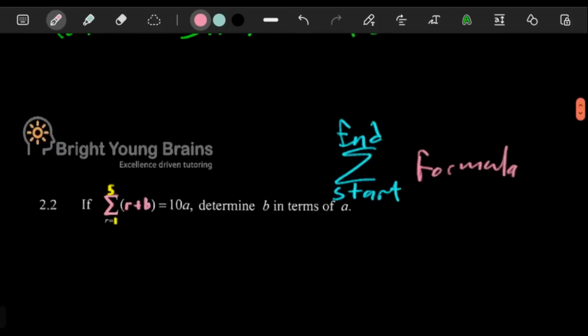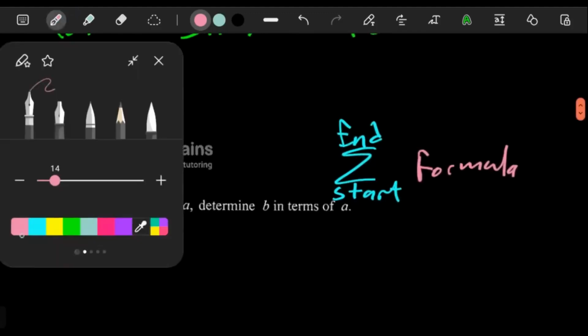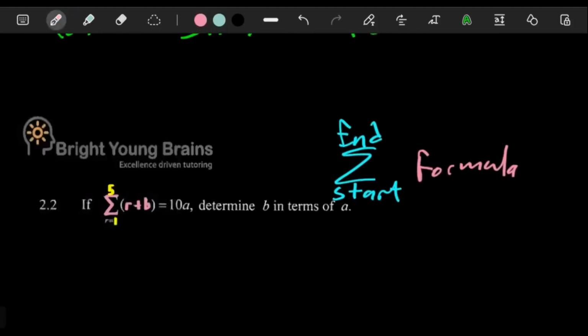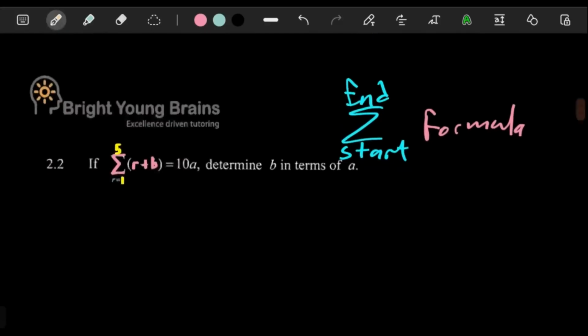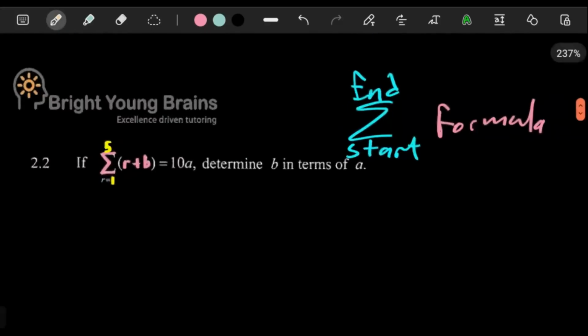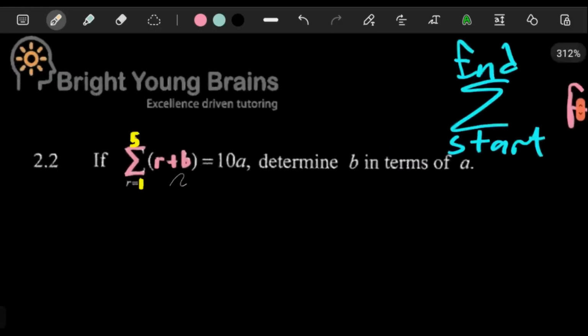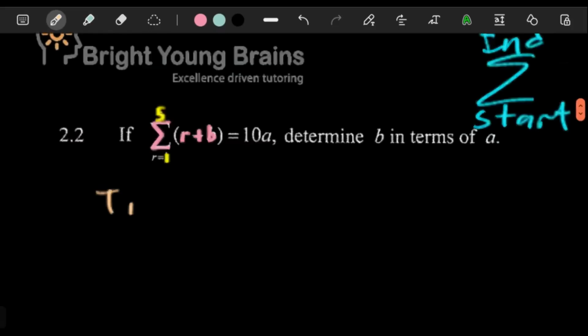So keeping that in mind, you need to think of the following. The one thing that we need to keep in mind is how many terms are we adding up? 5 terms. So for term number 1, starting from this number here, you throw it in there.